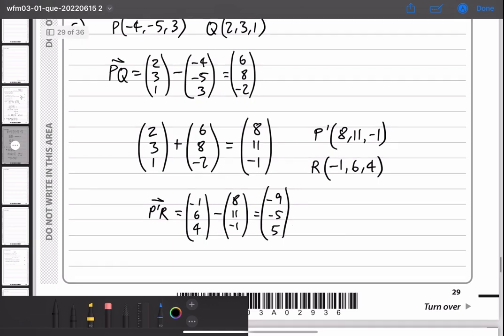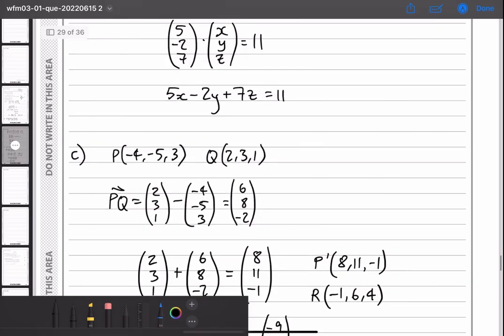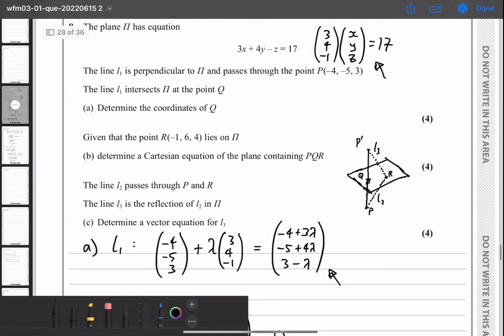And then using either of these points, I'll use R, so that L3 has the equation -1, 6, 4 plus lambda lots of -9, -5, 5. And that should be an equation of L3 to finish off our question, I think.